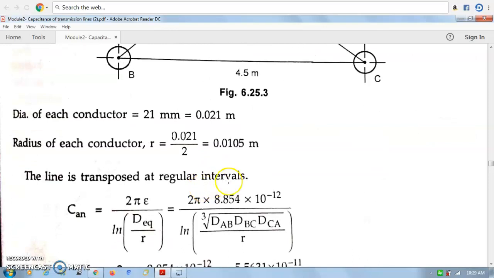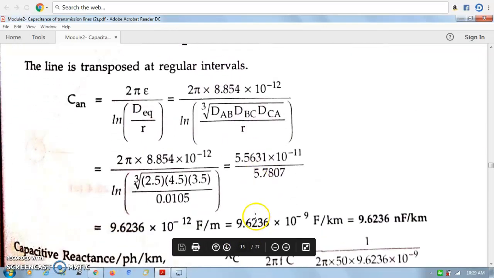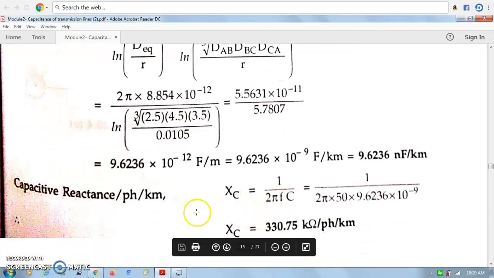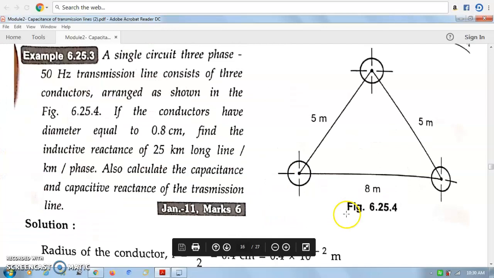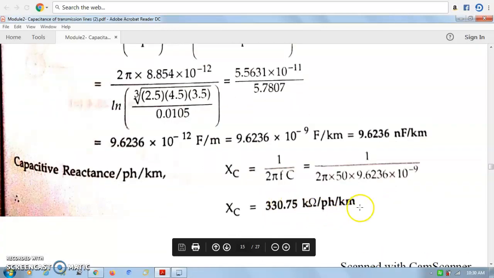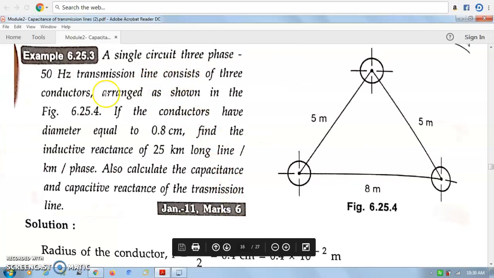So D equivalent you will get, substitute here D equivalent divided by radius, you will get the CAN. Capacitive reactance XC is equal to 1 by 2 pi FC. You will get it. If they ask for charging current IC, IC is equal to V divided by XC, that is V phase divided by XC.